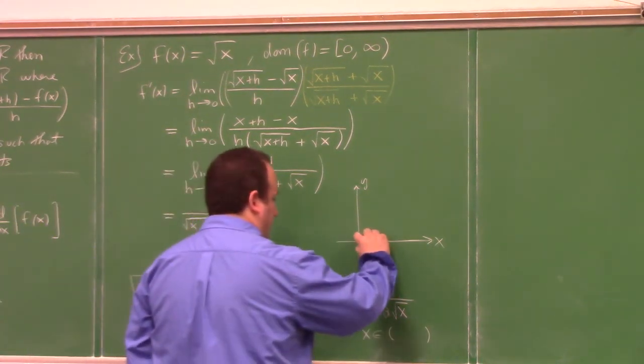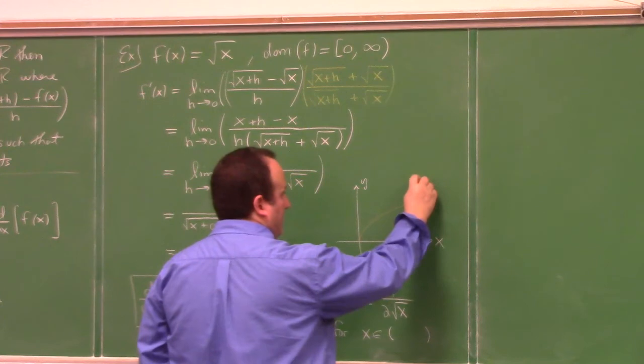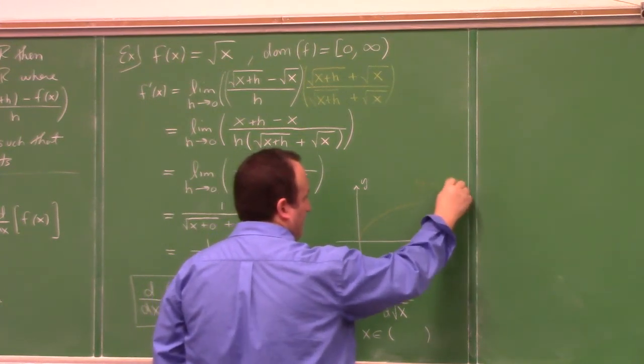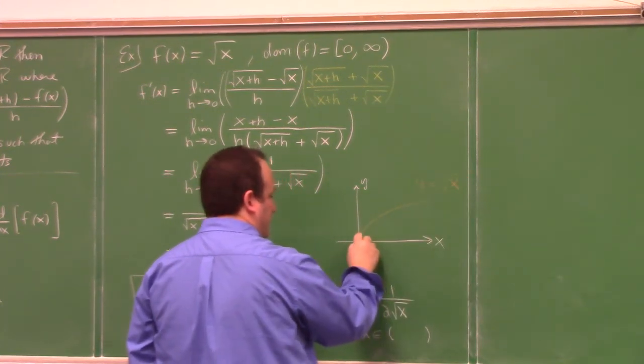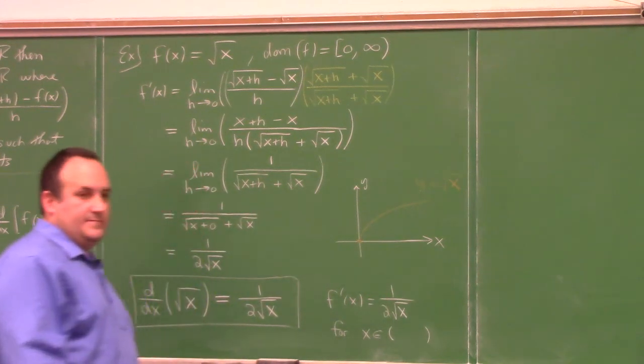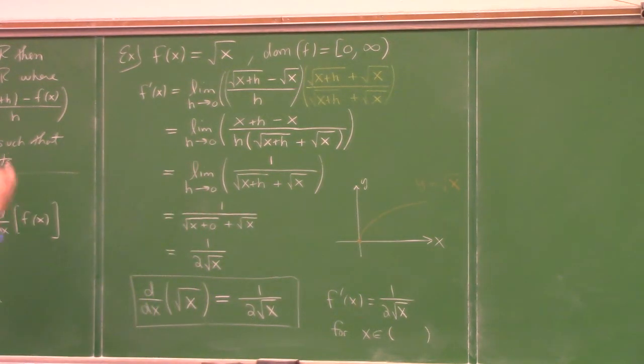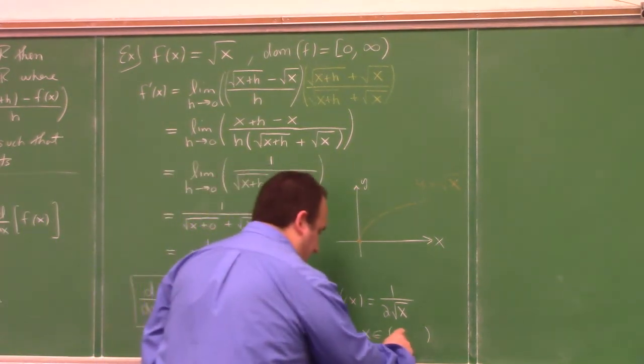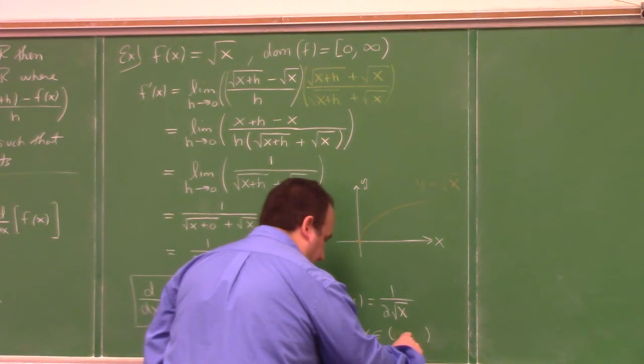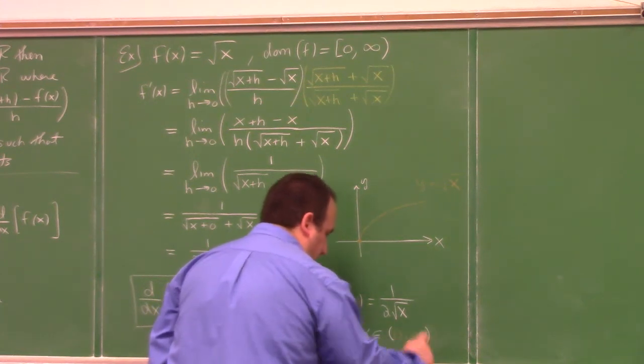Square root function, right? What happens at the end point? Actually, if you look at it carefully, you've got a vertical tangent right there, right? So the derivative has a smaller domain than the function itself. It goes from 0 to infinity. 0 is not included.